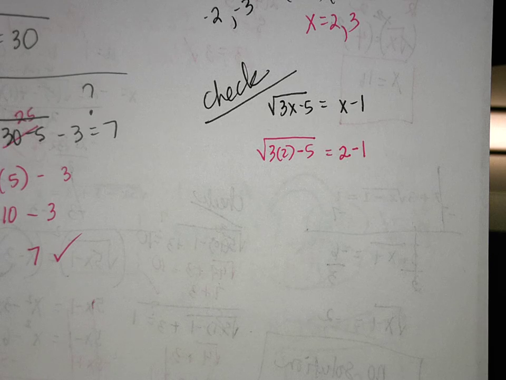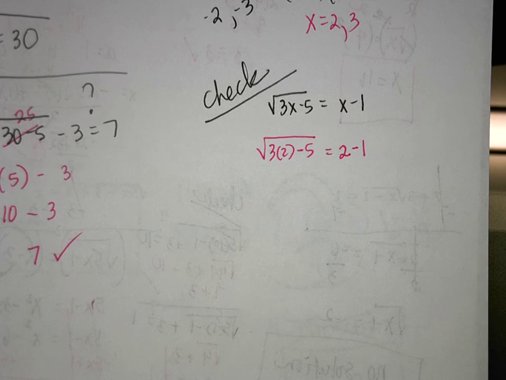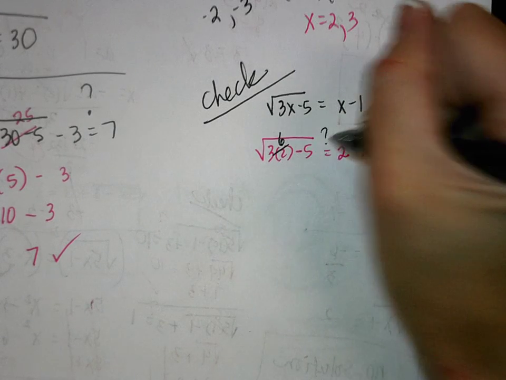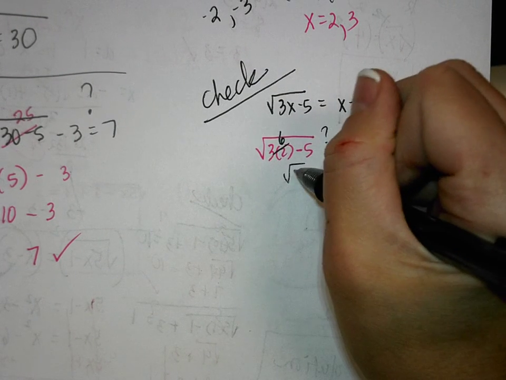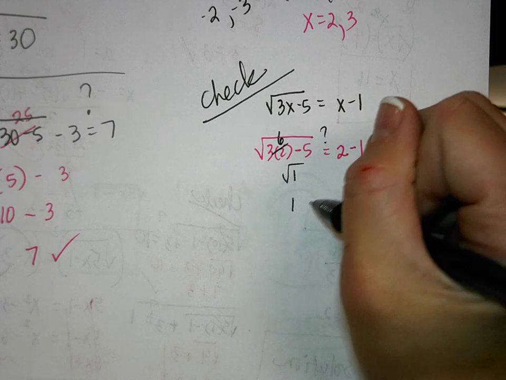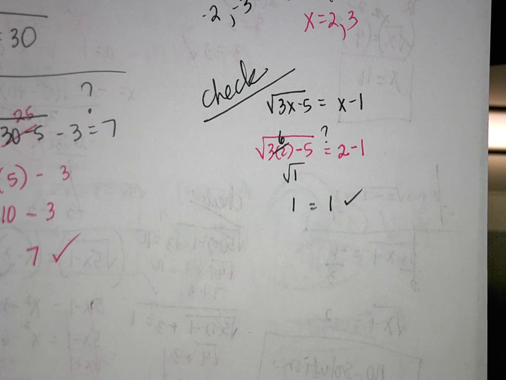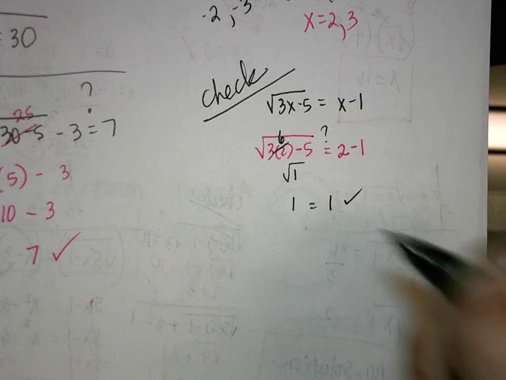Okay, so what is 3 times 2? 6. And then 6 minus 5 is 1. And the square root of 1 is 1. And does 1 equal 1? Okay, so 2 worked out. Now we are going to plug in 3.